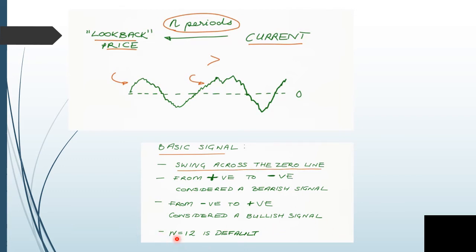What is it? n equals 12. This is the default period. Just now we saw 10 weeks, but here it uses 12.